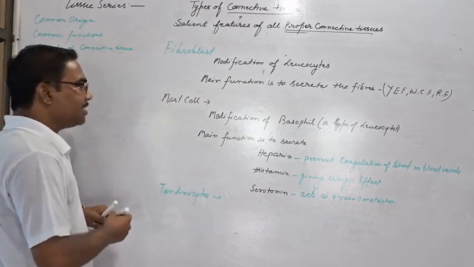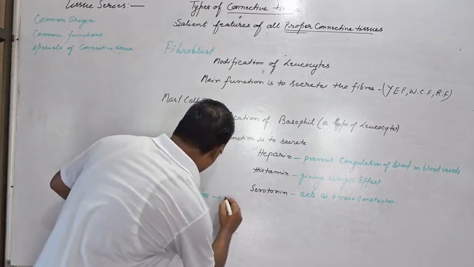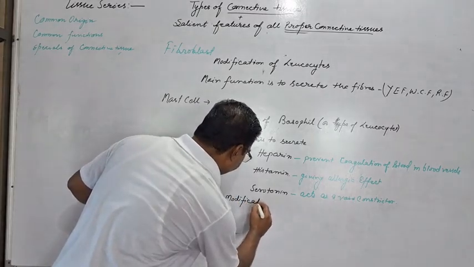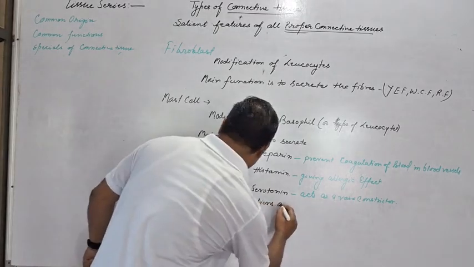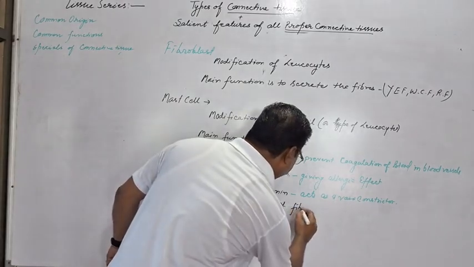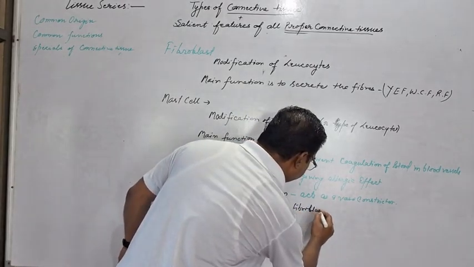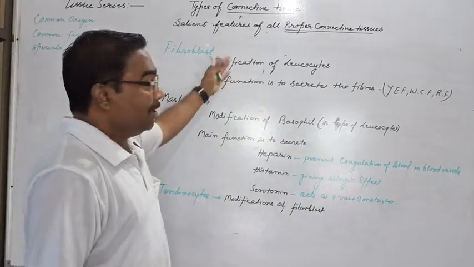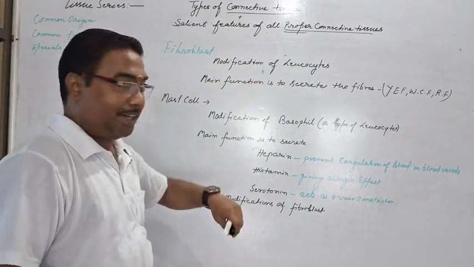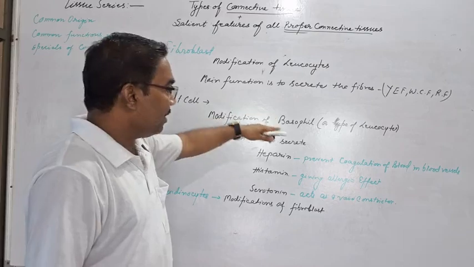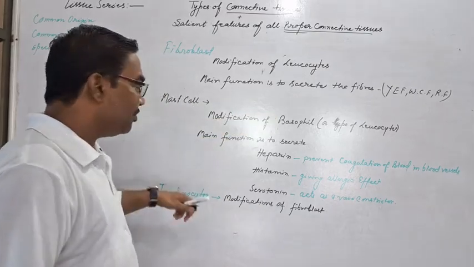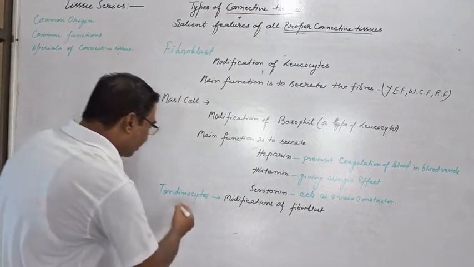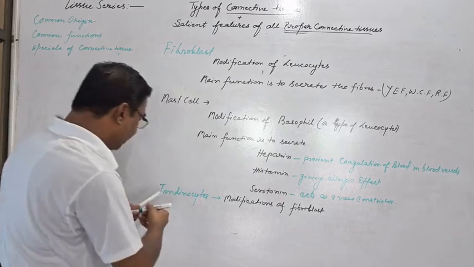Tendinocytes are the modifications of fibroblast. Fibroblast itself is a modification of leukocyte. Sometimes fibroblast is also modified into tendinocytes. Then the next is, what is the main function of a tendinocyte? Let's write.